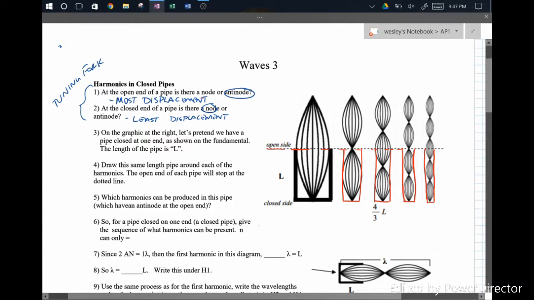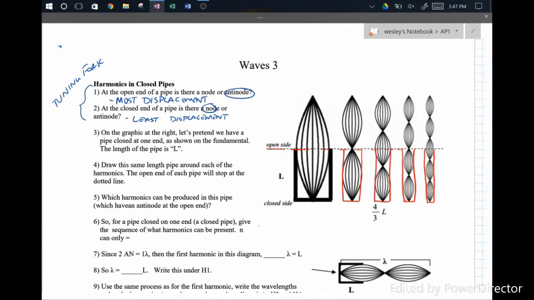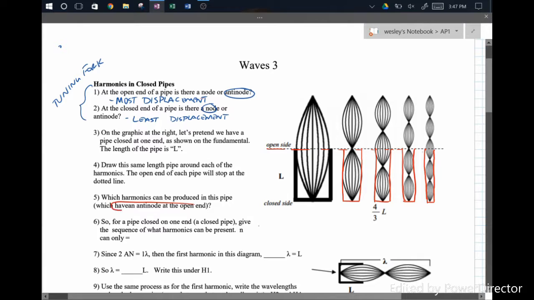Now, which harmonics can be produced? In order to find if something can be produced, we need to find which have an antinode at an open end. Otherwise, we don't meet the first 2 conditions that we have, which means if this is the first harmonic, this is the second, this is the third, fourth, and fifth, I cannot form even harmonics.